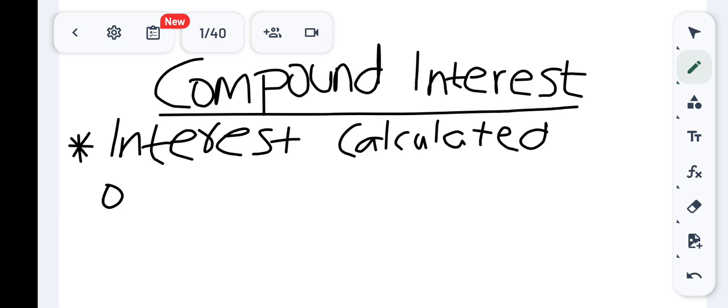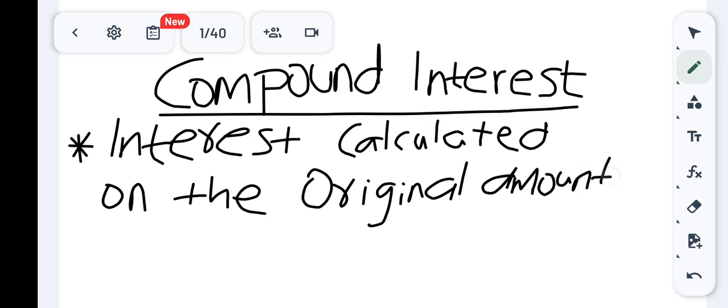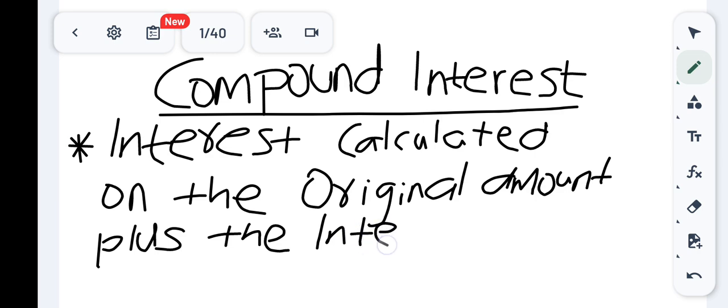But for compound interest, this is the interest that is calculated on the original amount plus any interest that is already earned, plus the interest earned.